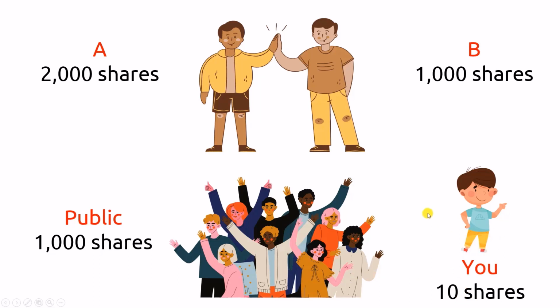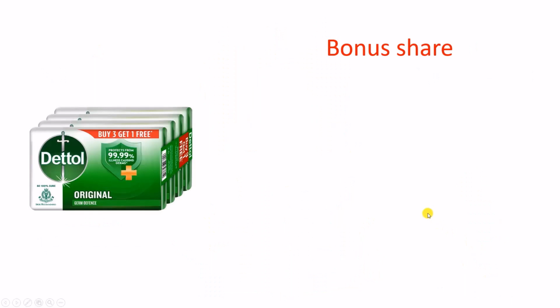Let me give you an analogy. You might have gone to a shop or a mall, and you might have seen an offer like this: buy 3 get 1 free, buy 2 get 1 free, buy 3 get 2 free. So basically, if you buy 3 soaps in this case, you get the 4th one free.